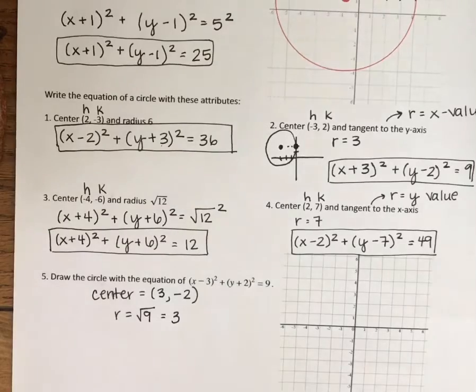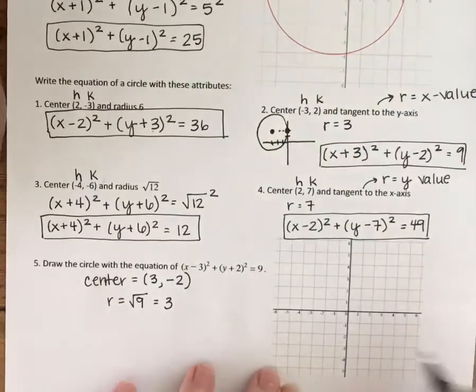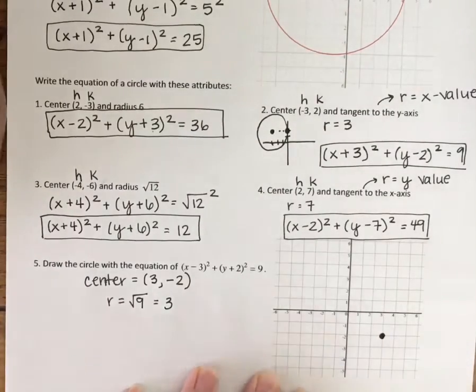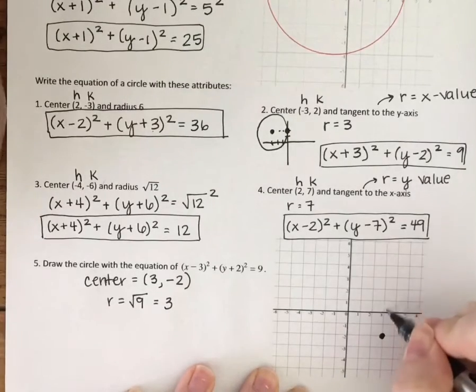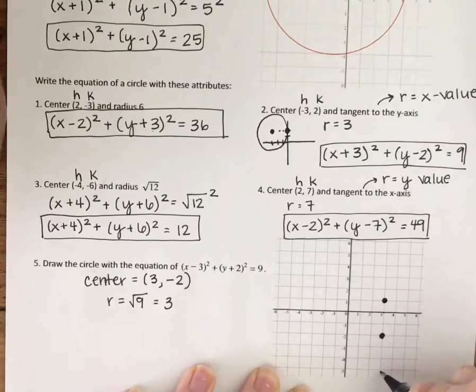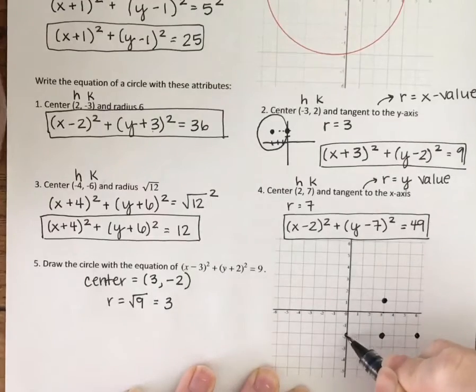Okay, so now all I have to do is plot my center. So 3, -2 is going to be this point right here. All right, and then if my radius is 3, the easiest way to do this, I'm going to go up 3. So 1, 2, 3. I'm going to go down 3, I'm going to go right 3, and I'm going to go left 3, okay?